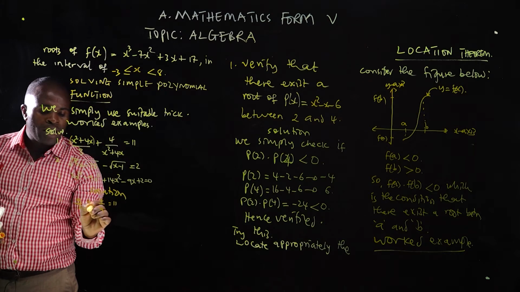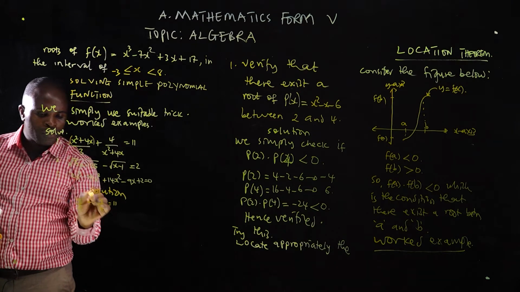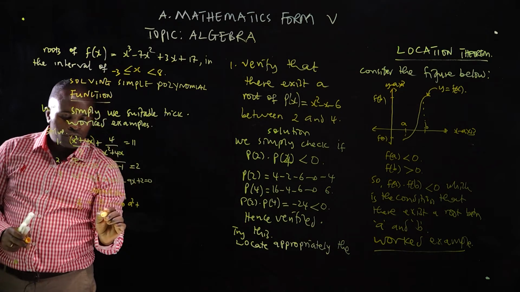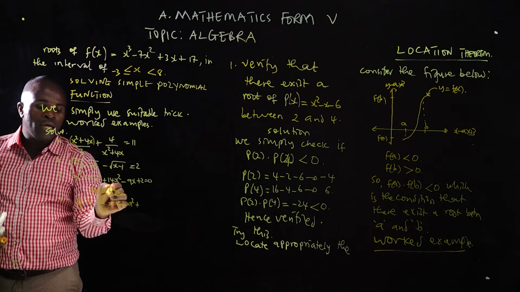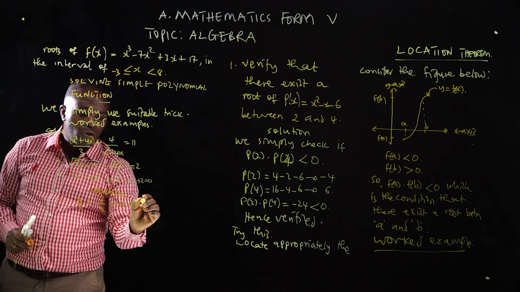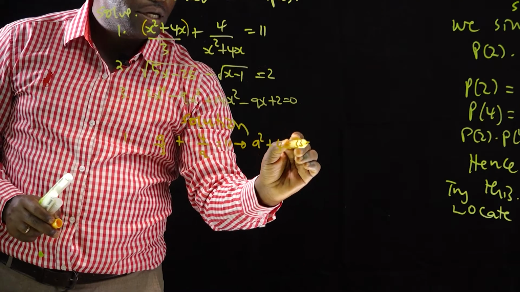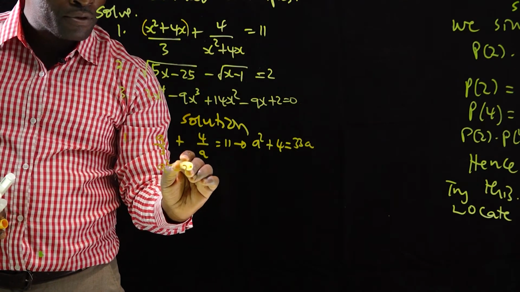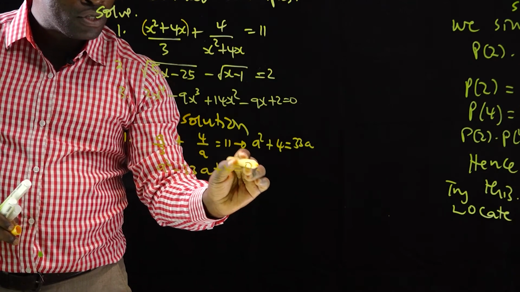So you can multiply by 3a both sides, becoming a squared plus, because the 3a and a over 3 will cancel. So 3a here, a is going to cancel, giving 4 here. And this side will be 33a. So it means you have the quadratic a squared minus 33a plus 4 equals 0.